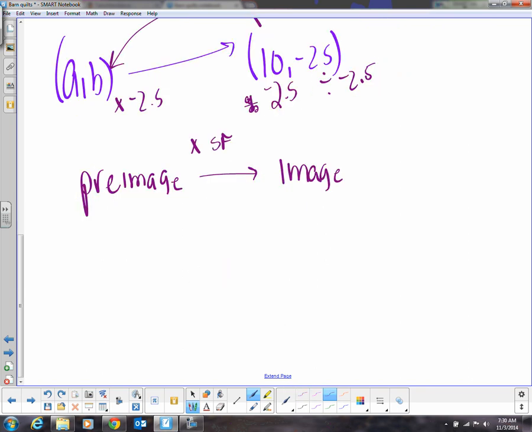However, if we reverse that, this is the pre-image, and this is the image, and we know the image information, we don't know the pre-image information. If I multiply to go this way, what will I do this way? Divide. And that was question 3 on your dilation quiz.